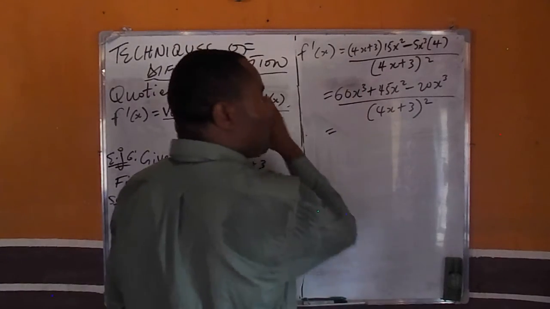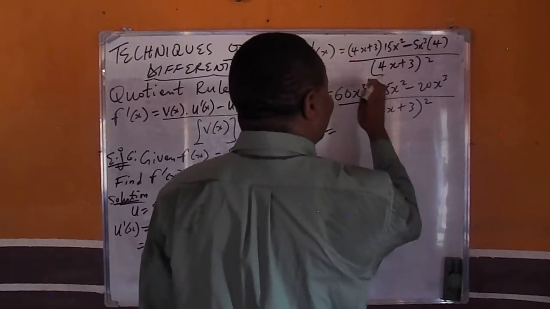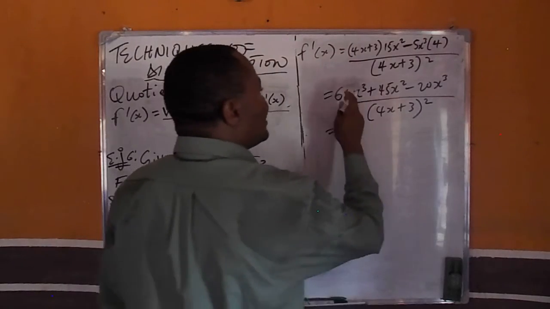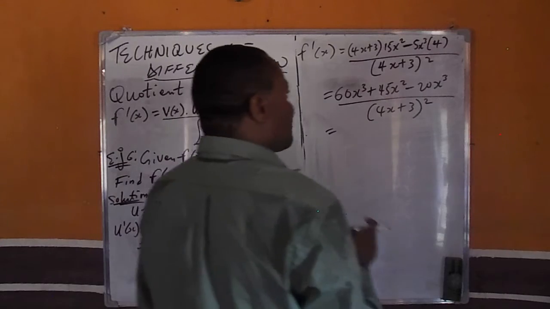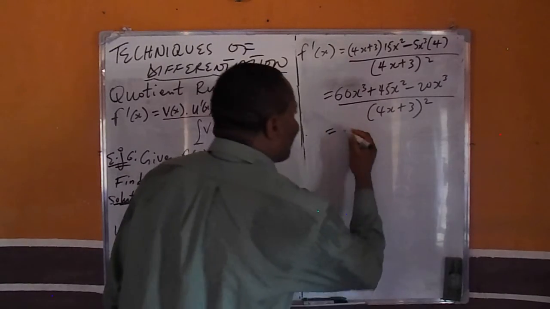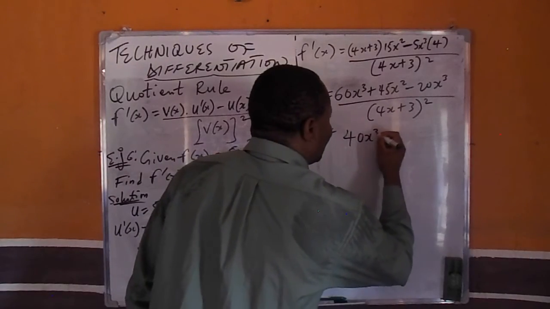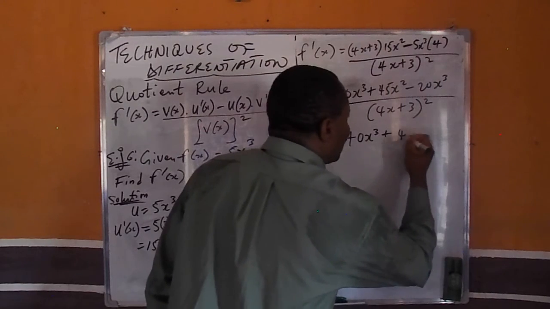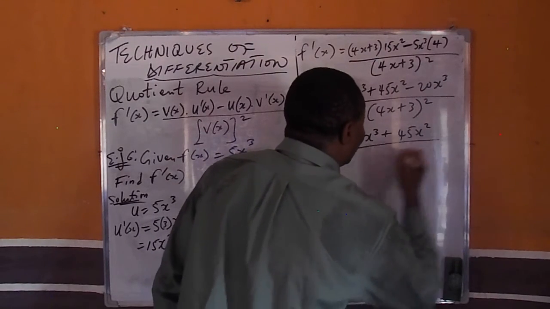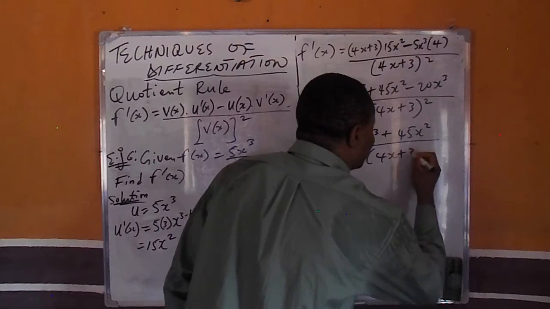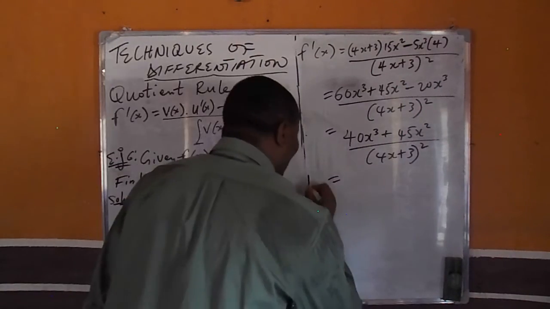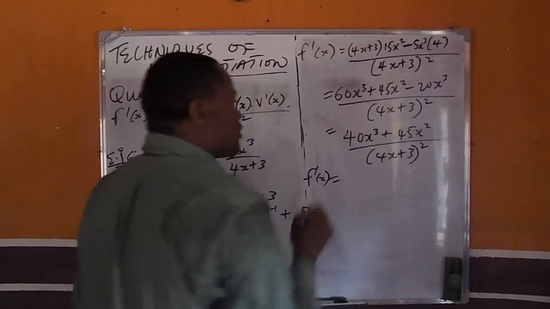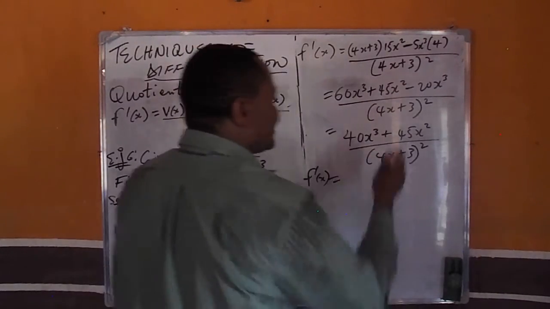Anyone that is in the same power, yes, 60 and 20: 60x cubed minus 20x raised to power 3. What do we have? We have 40x cubed plus 45x raised to power 2 divided by 4x plus 3 raised to power 2.